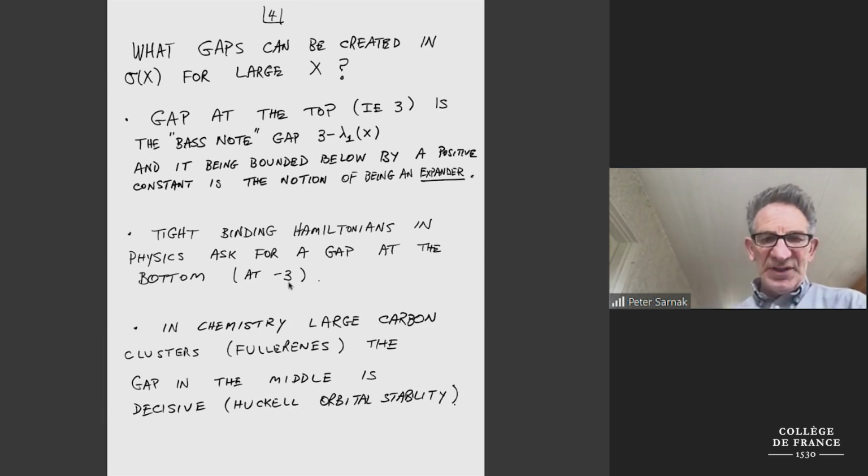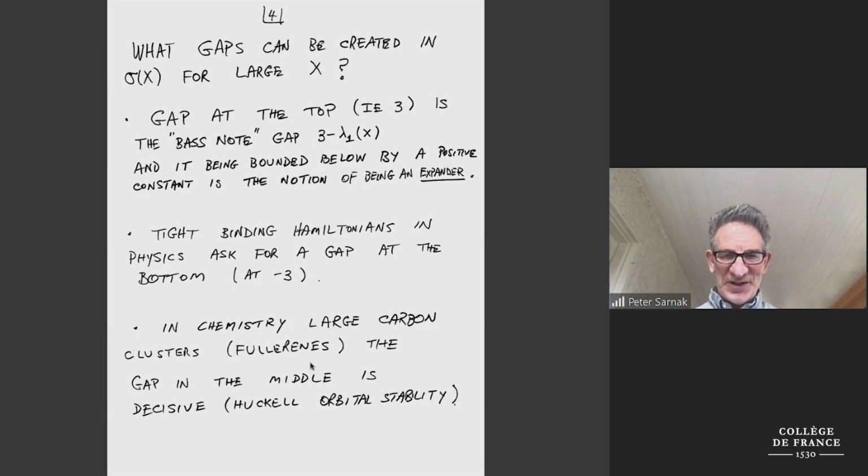And in old-fashioned chemistry, and also in the theory of fullerenes and carbon clusters, if you've taken a chemistry course, three-regular graphs are all over the pictures there. And the spectrum, that's the gap that's important, is the gap in the middle.